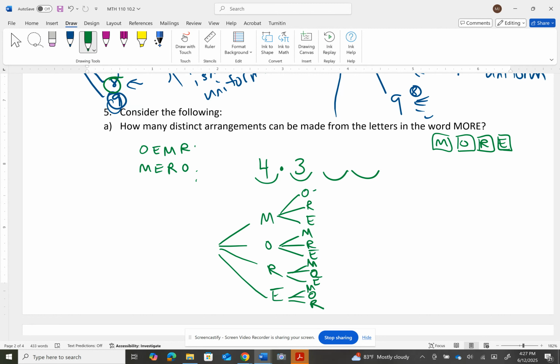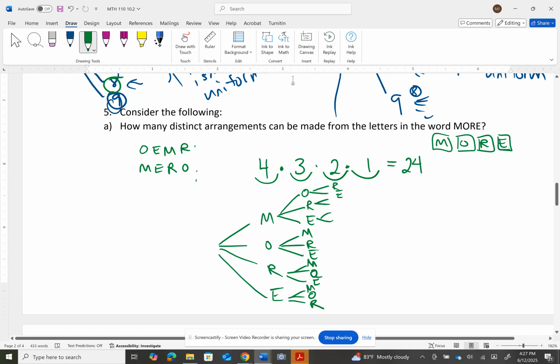Then after that, won't there only be two letters left? Okay, for each one of these, there would have only been two letters left. And then that means one last letter. So 4 times 3 times 2 times 1, that means I'd have 24 distinct arrangements I could make of the letters M, O, R, E.